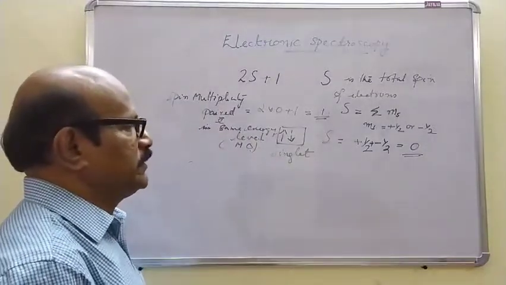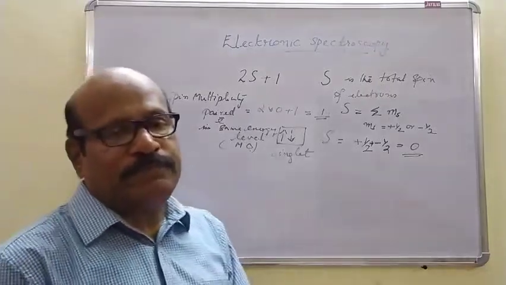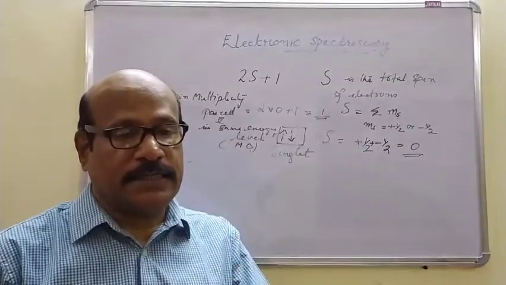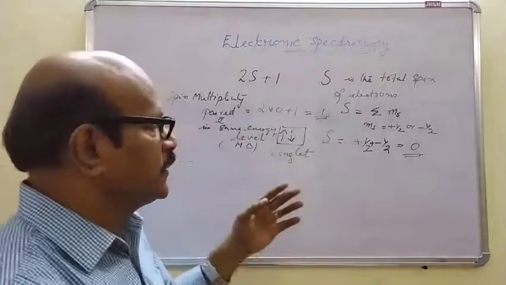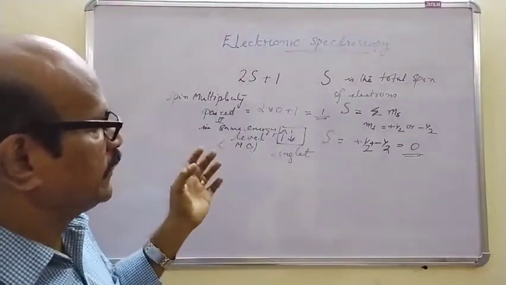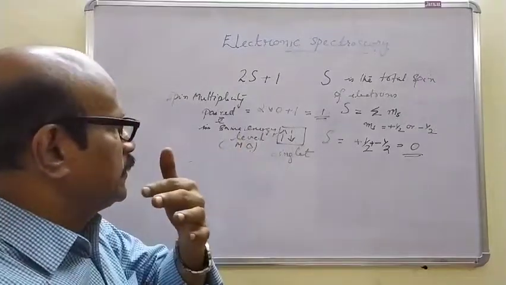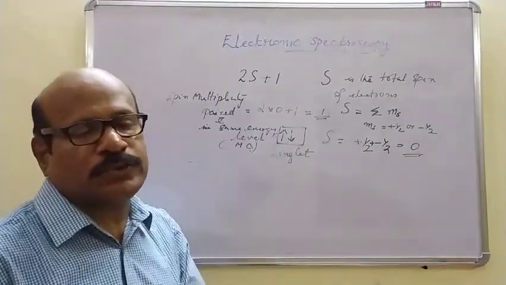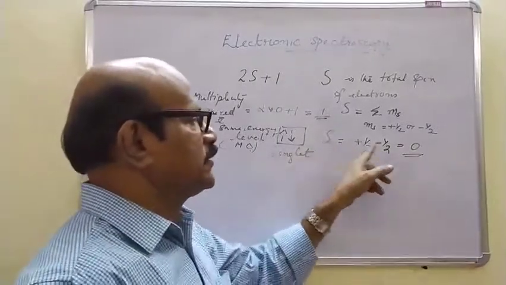We have to remember that spin multiplicity can be mainly classified into three: one is singlet, another is doublet, and the third is triplet, which I am going to discuss. The situation in which a same energy level, that is a particular molecular orbital, is occupied by two electrons with opposite spin, which is always possible according to Pauli's exclusion principle, gives the total spin capital S equal to 0.